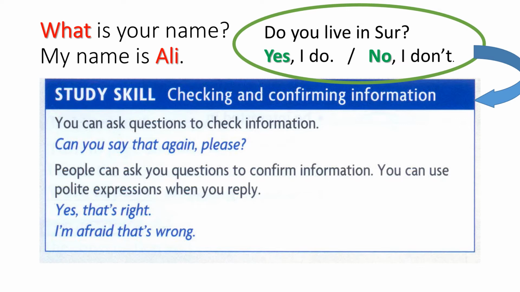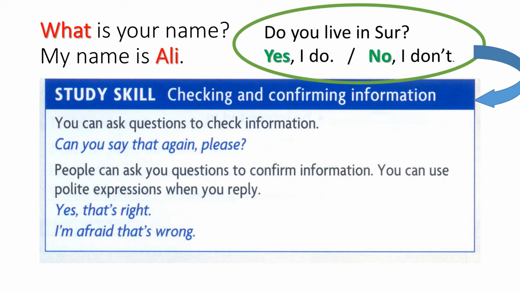Let's read this box. You can ask questions to check information. For example, can you say that again, please? Yes, I can. People can ask you questions to confirm information. You can use polite expressions when you reply. Yes, that's right. Or no, I'm afraid that's wrong.